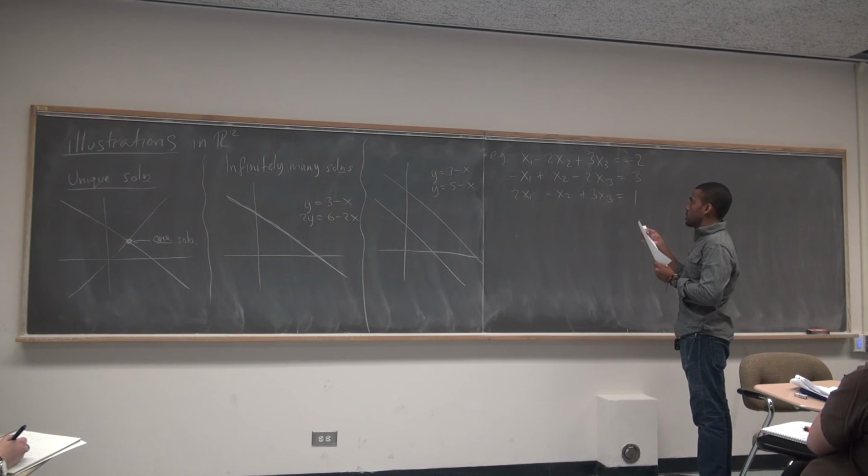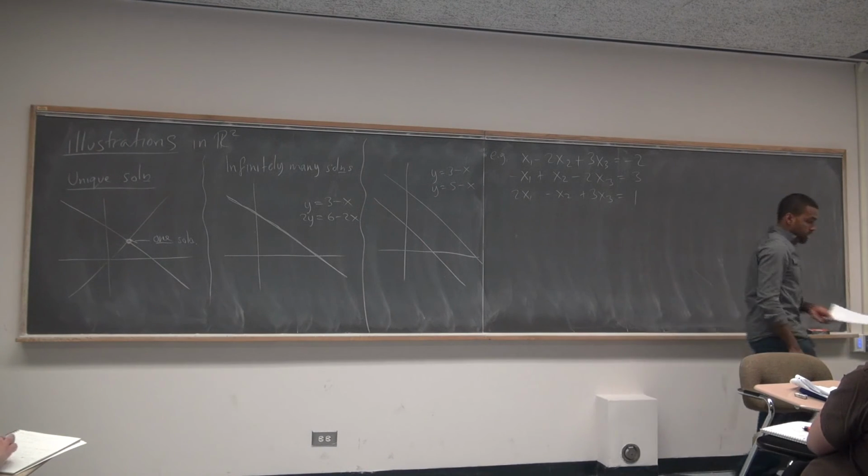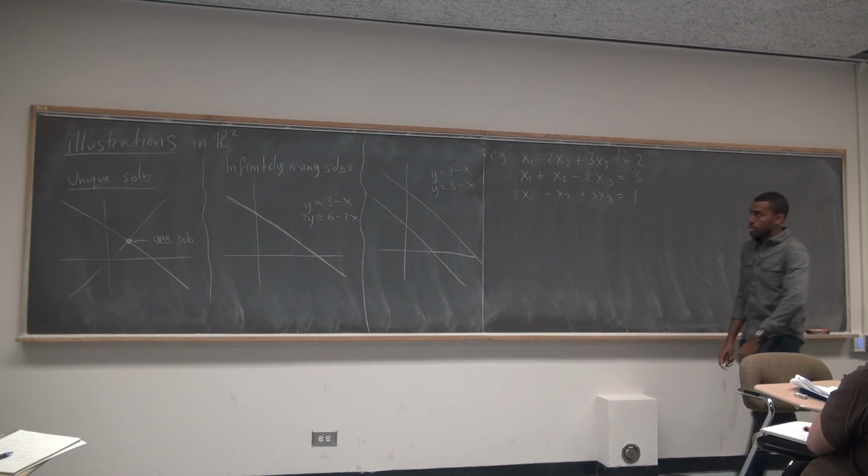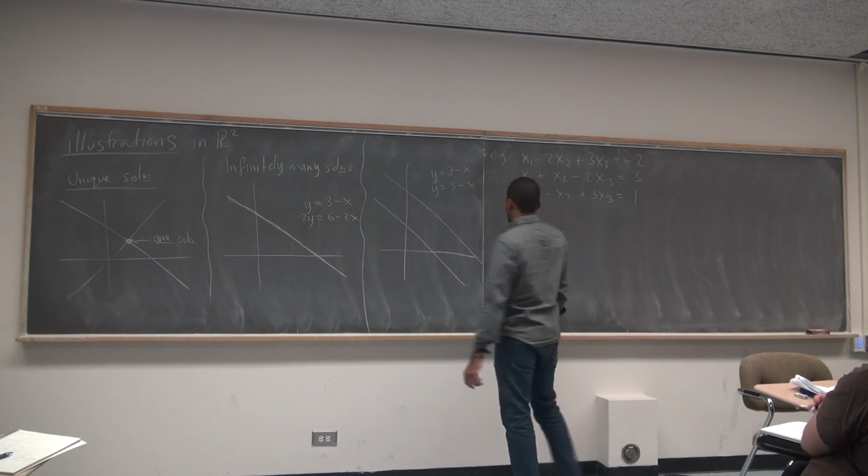Minus x1 plus x2 minus 2x3 equals 3. 2x1 minus x2 plus 3x3 equals 1. Solve that system, if possible.